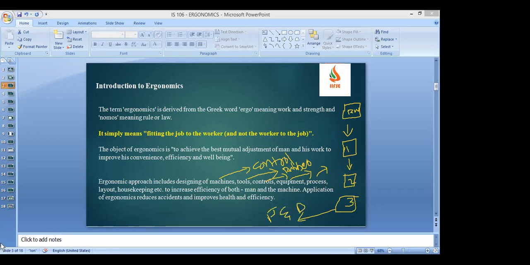So what is happening? It is a single flow. This is the flow you have defined. Need not travel more. That is the process layout.